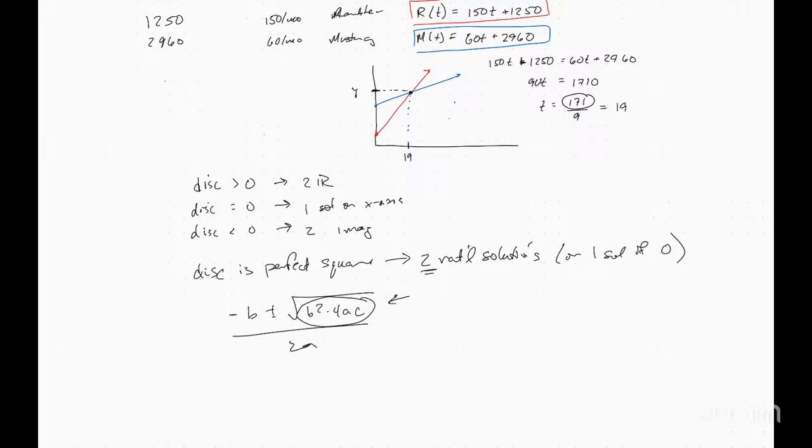All right. Sketch the graph of y equals negative 2x squared plus 2x plus 12.